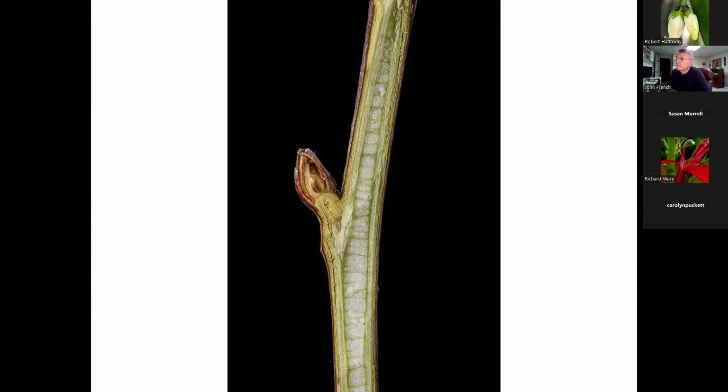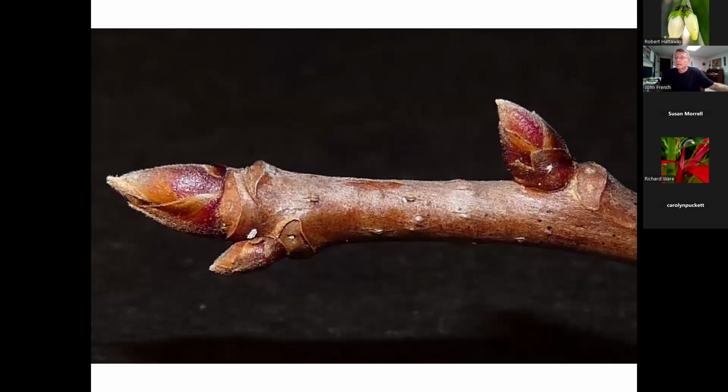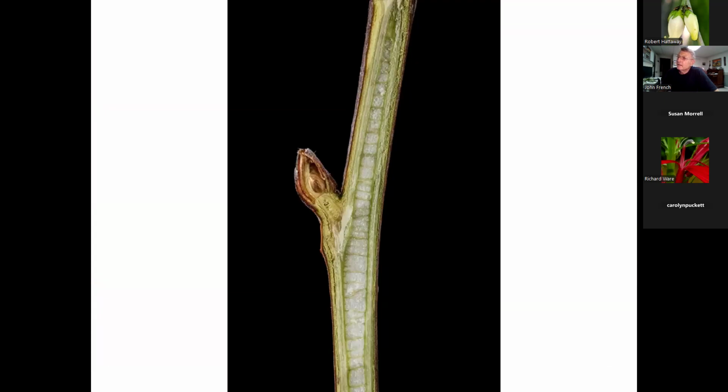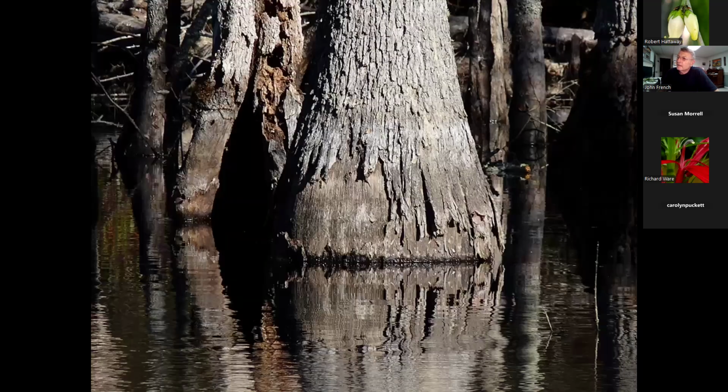What that means, ladies and gentlemen, is that there would be a bud above the axillary bud. There'd be a leaf scar and then a bud on top of that bud. But that's not the case. You've got a leaf scar, you've got a bud, but there's no bud on top of that bud. I don't have a picture of that.